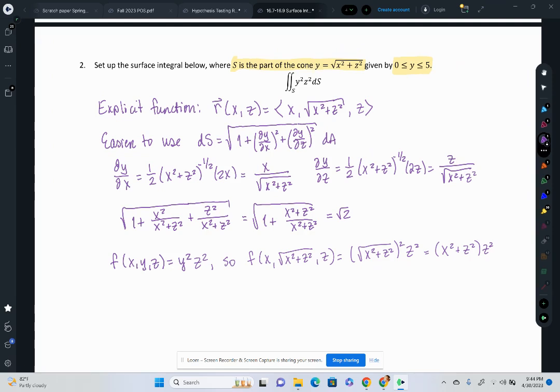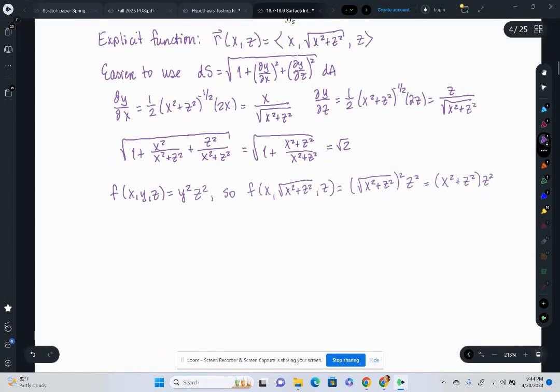We can go ahead if we want, and we can distribute. But let's see about our domain of integration, how we're going to deal with this. So let's see. We have y going from 0 to 5. And we're dealing with a cone. I should draw this. So at the origin, we just have a dot. And as we move out and we get to 5, that's going to be the end.